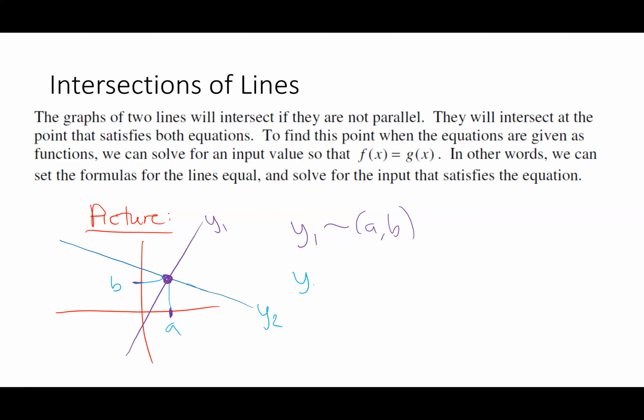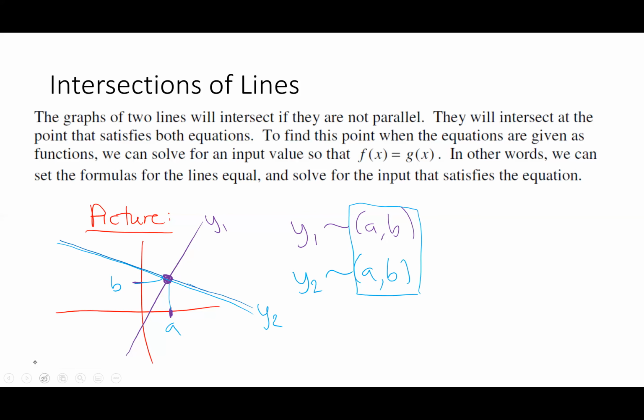So y2 passes through the point A, B. Both of these lines pass through this same coordinate, which means that they pass through each other. And where they're passing through each other, that's what we call our intersection.